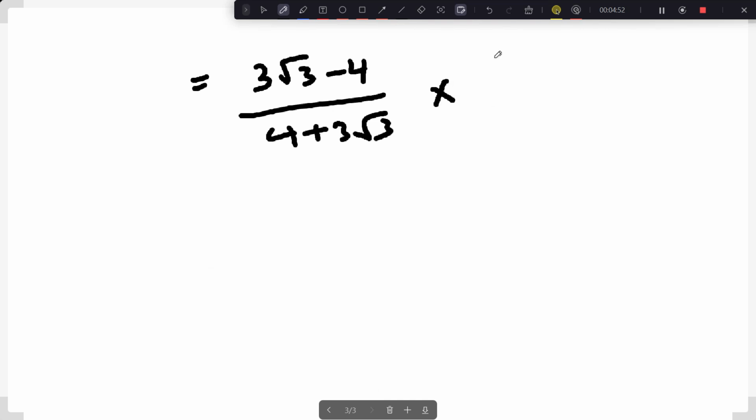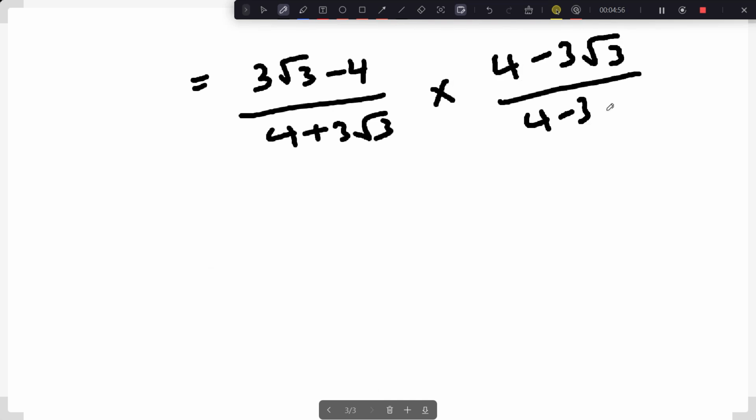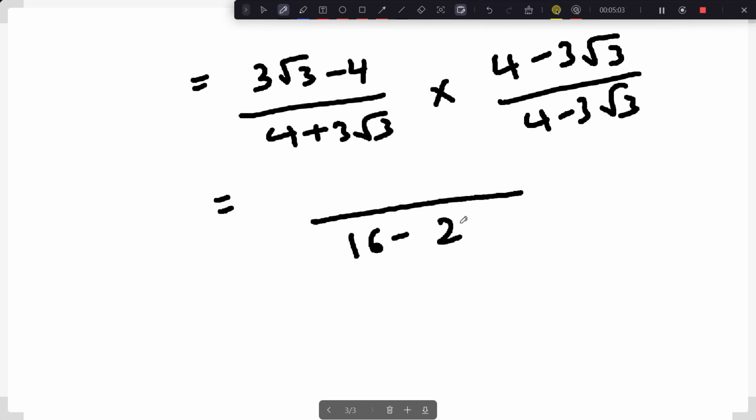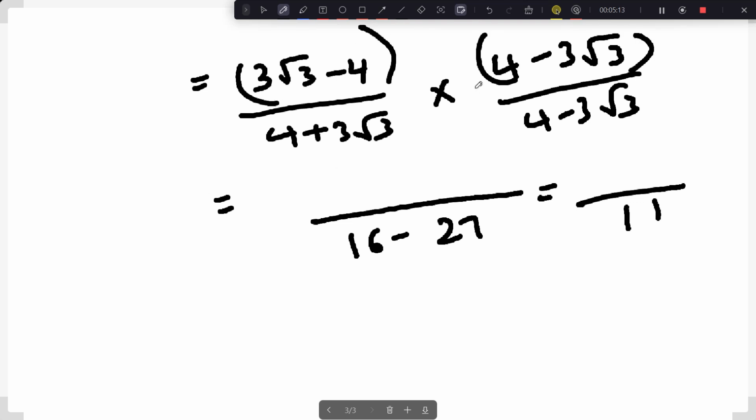Now again, what will this become at the bottom? It will become 16 minus 9 3s are 27, which is 11, minus 11. So let's just take minus on the top. This is just this and this multiplied here. So if we take minus at the top, what will it become? 4 minus 3 root 3 whole square, right?